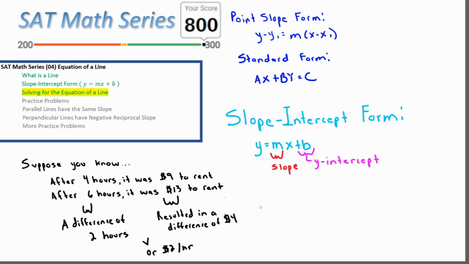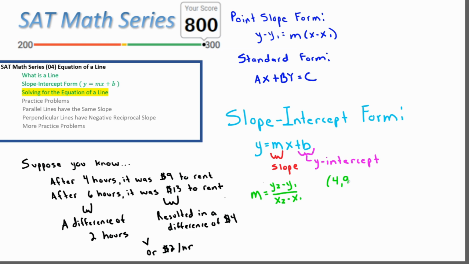And this is the intuition behind the calculation of slope. Slope being the measurement of how one value changes with respect to another. In this case, how much your rental cost changes with respect to hours. And we formulate slope with this equation: m is equal to y2 minus y1 over x2 minus x1. But that is just really asking how much did y change per change in x.